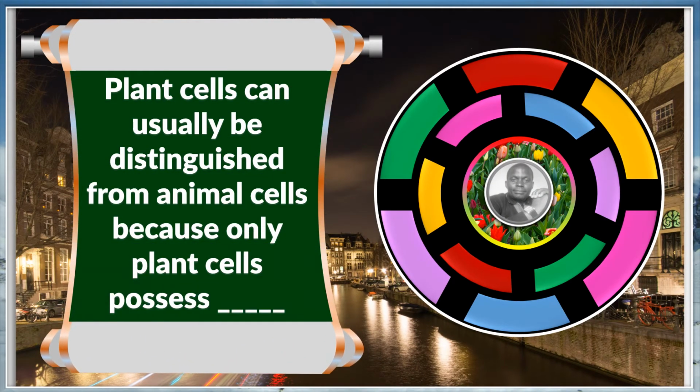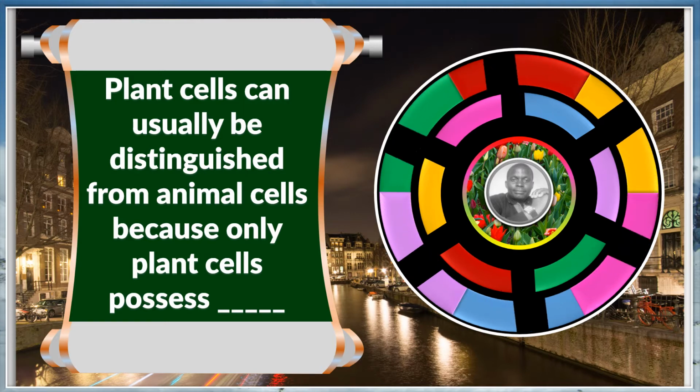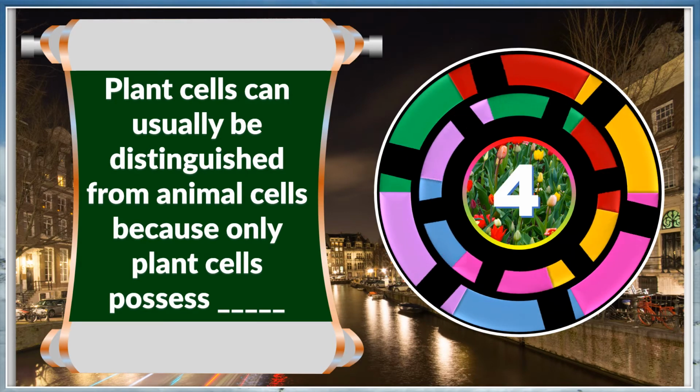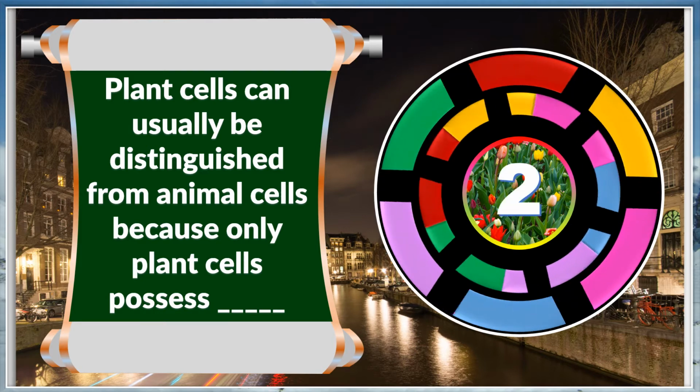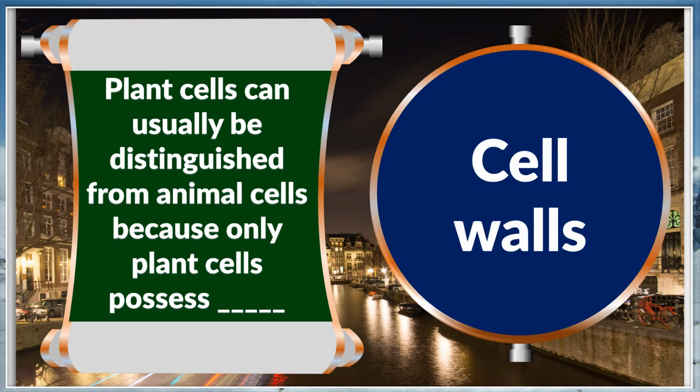Plant cells can usually be distinguished from animal cells because only plant cells possess cell walls.